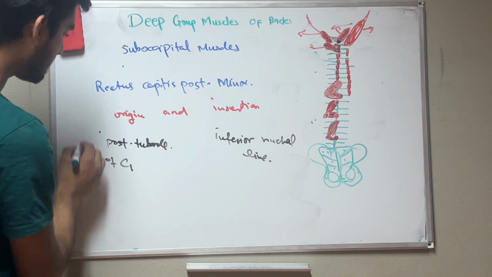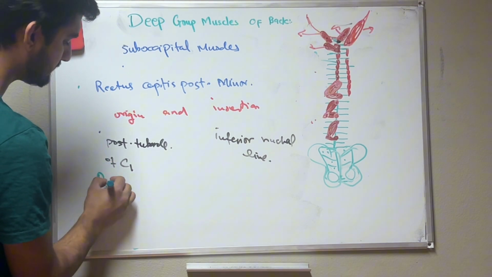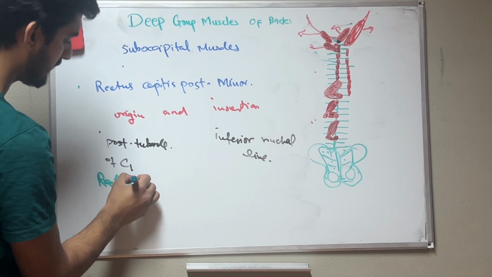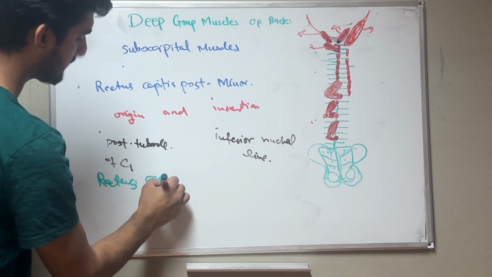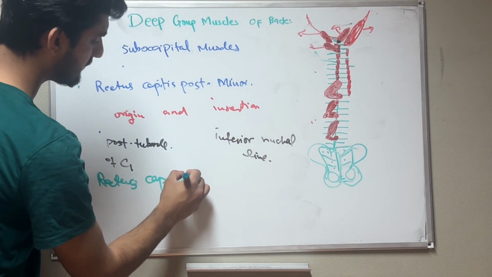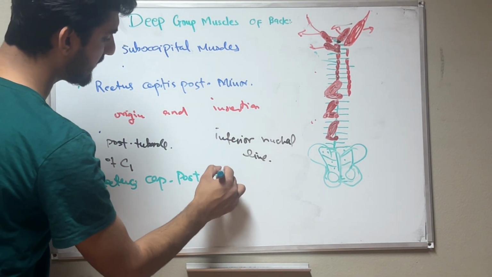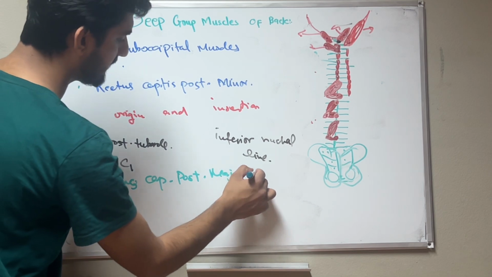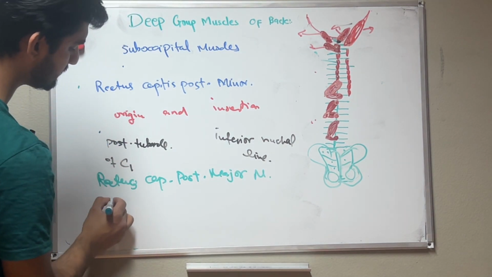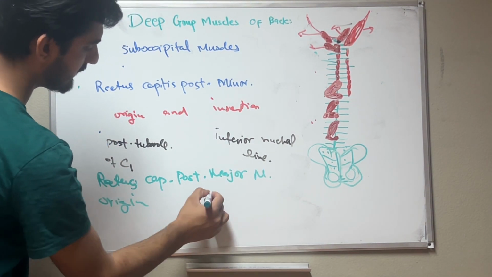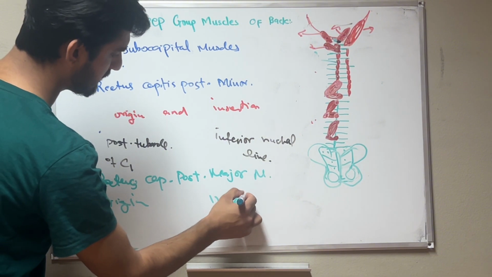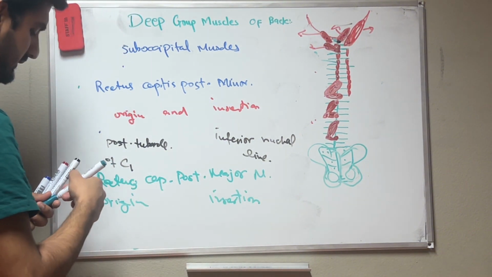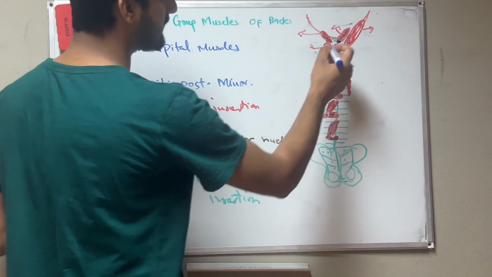Now the second muscle we have is the rectus capitis posterior major muscle, okay. Origin and insertion. Here, you know, this is a major muscle.